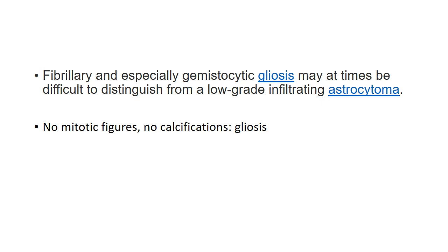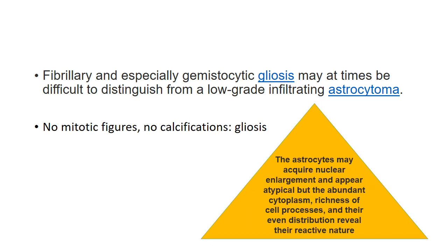No mitotic figures or calcification, however, are noted in case of gliosis. So if we sum it up, the astrocytes may acquire nuclear enlargement and appear atypical, but the abundant cytoplasm, richness of the cell processes, and their even distribution reveal their reactive nature.